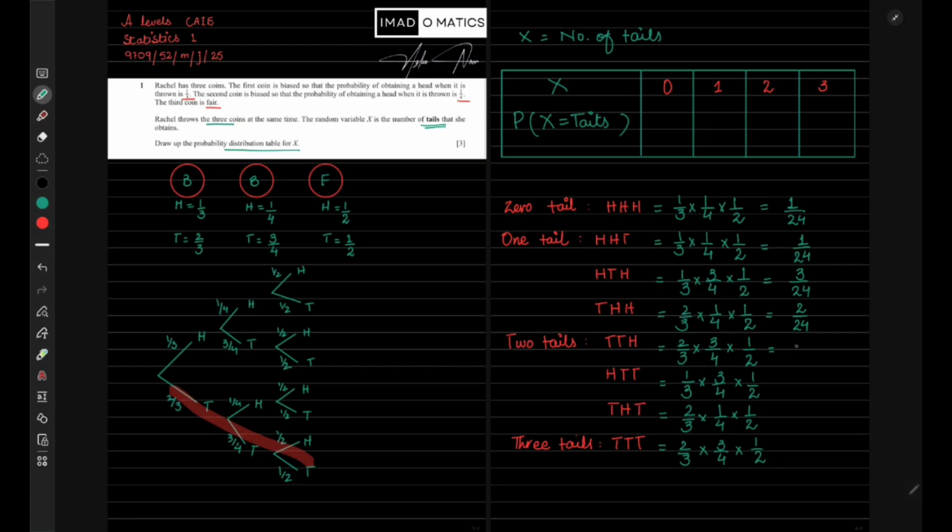Now multiply them together, you will get 6 over 24, 3 over 24, 2 over 24, and 6 over 24. So these are all the probabilities.